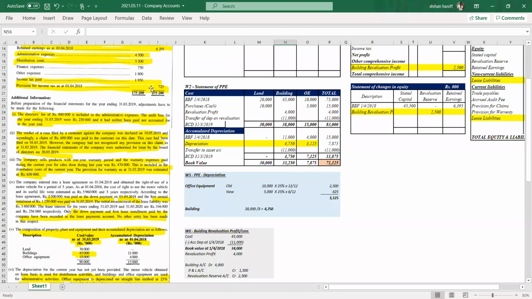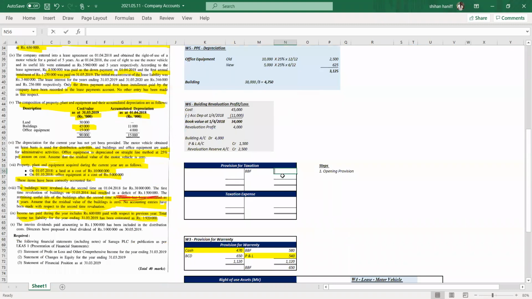Provision for income tax, 1st April 2018, 725. Opening provision. Then we'll do the second step as under or over provision.